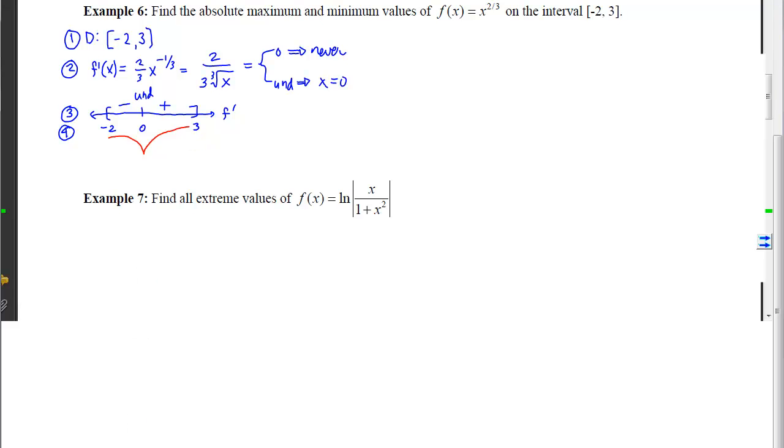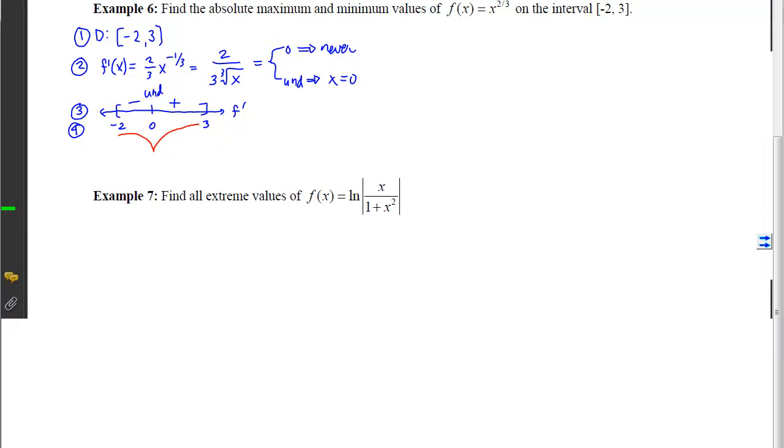So my next step is to compare the candidates' outputs. So if I look at the candidates' outputs, I'm going to be comparing f of -2 and f of 0 and f of 3. So f of -2 means I'm looking at the cube root of -2 and then I'm squaring it. So that's the cube root of a 4.